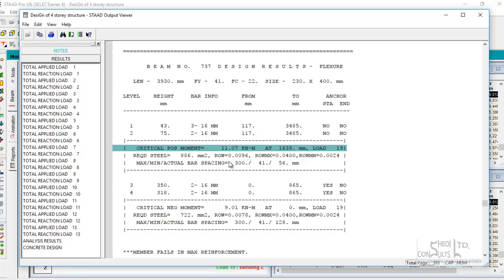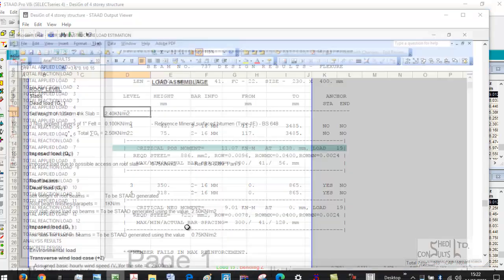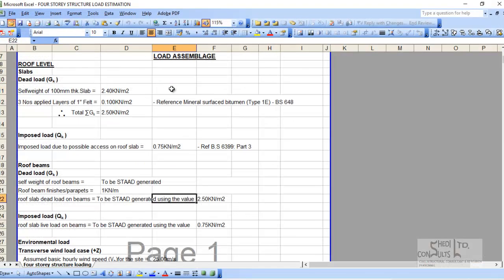Okay. The percentage of reinforcement is what it has calculated now within the cross section. So how is this obtained? Let's look at how that is obtained.